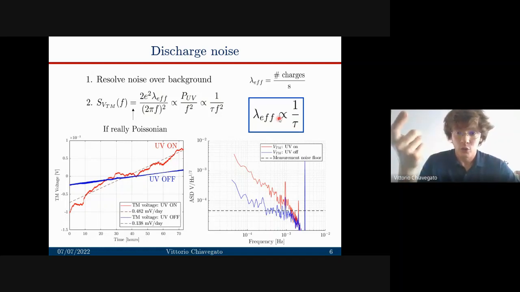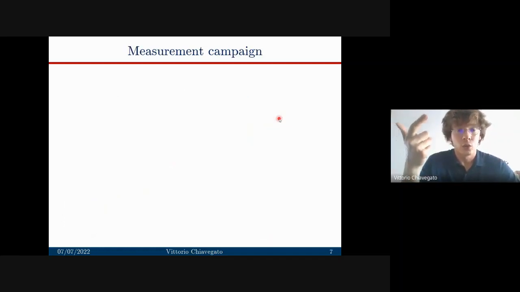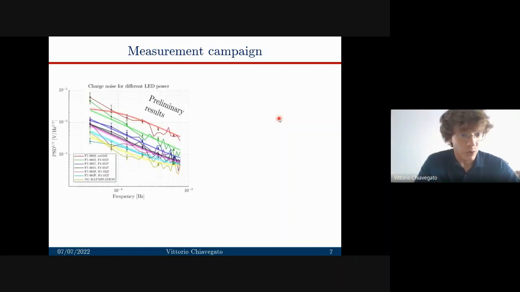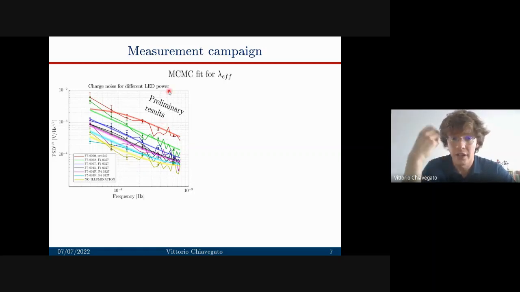We tried to verify this by repeating the noise measurement for many UV powers. Here is a summary of the whole measurement campaign up to now, fitting all the noise spectra we found through a Monte Carlo fit for the rate parameters.